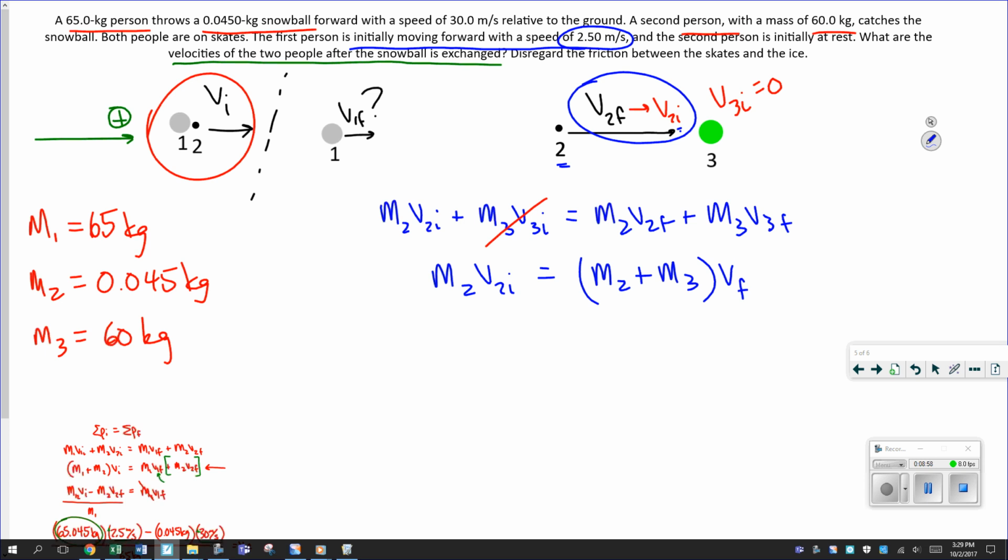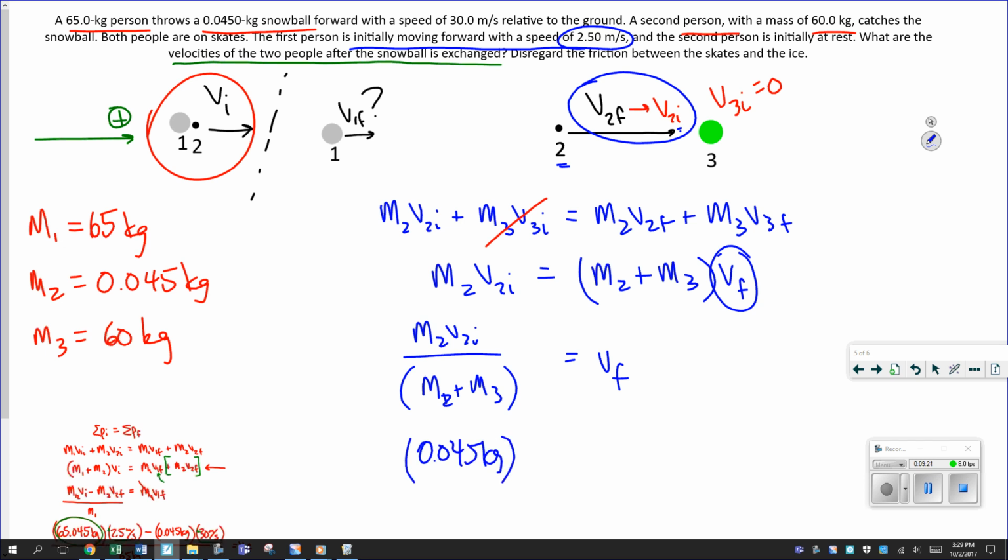We want to know the person's velocity, but that's the velocity of the system. So the velocity is M2 V2 initial divided by M2 plus M3. That's 0.045 kilograms moving at that 30 meters per second divided by our combined mass.